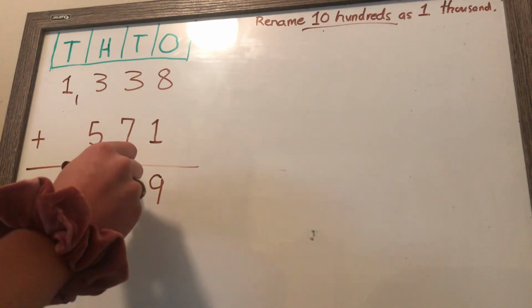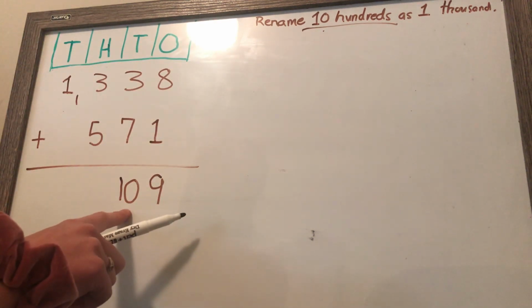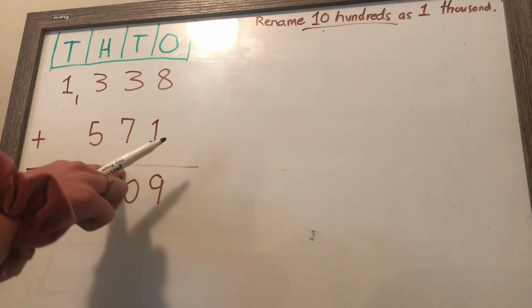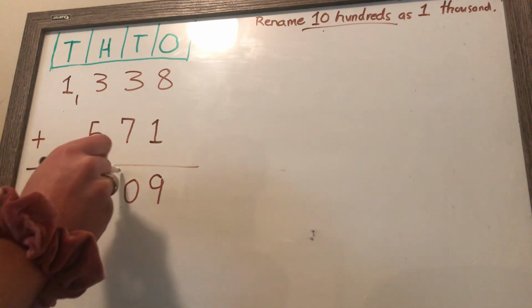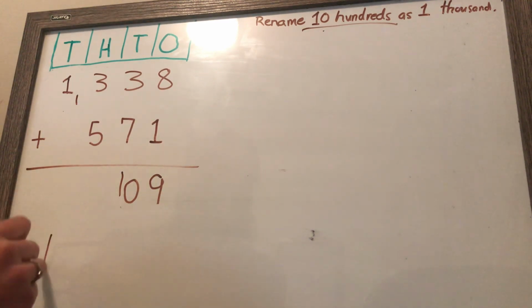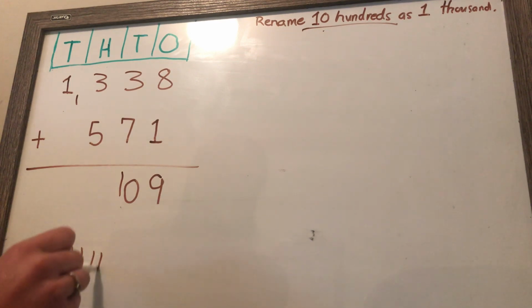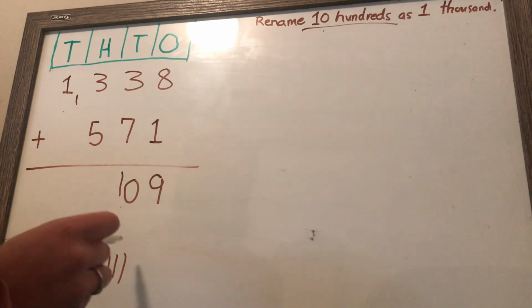We have 10 tens. Can we put a 10 in our tens place value? Nope, we can only have 9 or less. So we need to, actually let me leave that right here and demonstrate. We have 1, 2, 3, 4, 5, 6, 7, 8, 9, 10 trains, right?